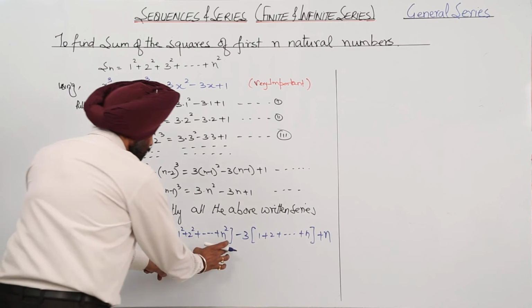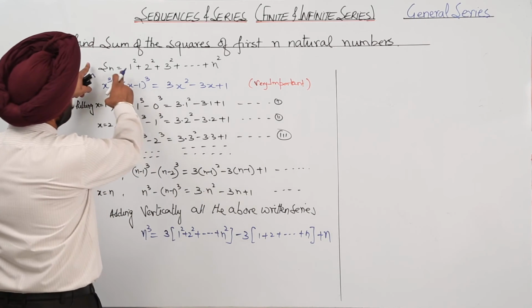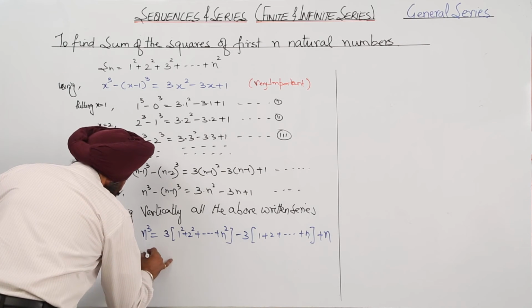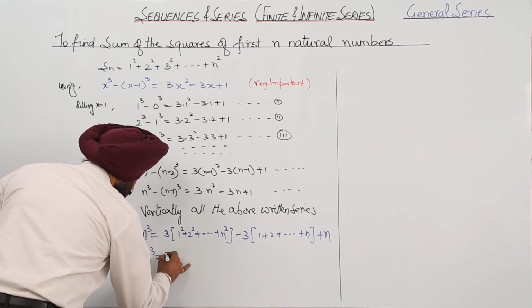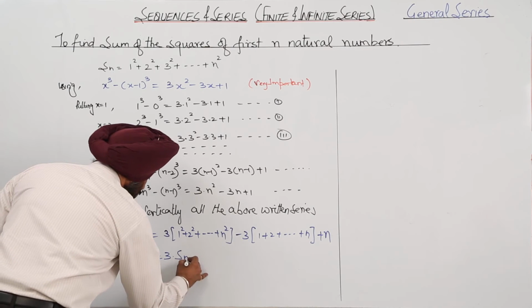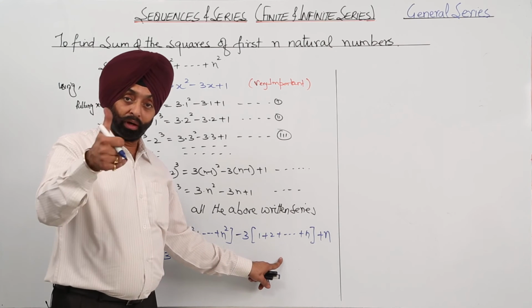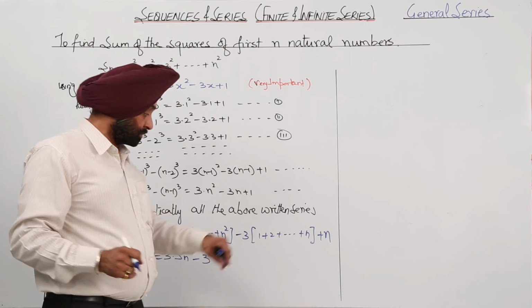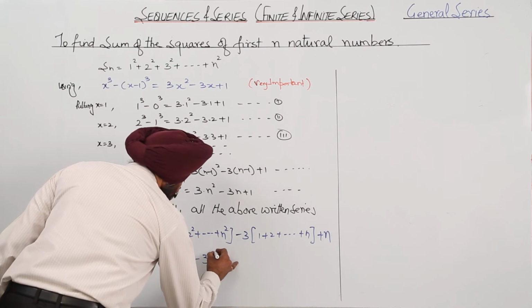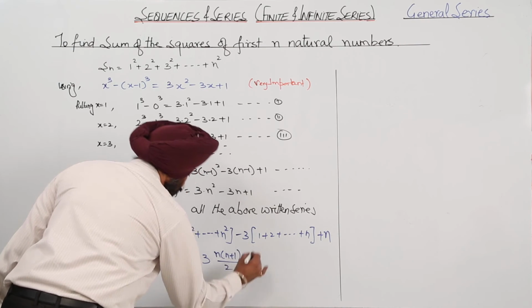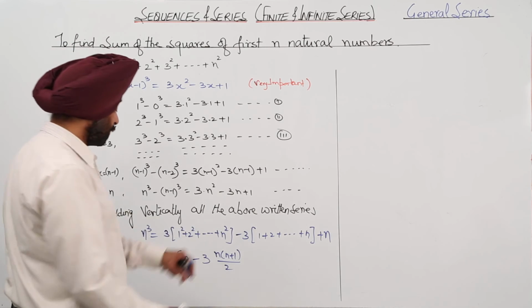Now this is Sn, and this is the sum of n terms. So can I write n cube equal to 3 times Sn minus 3 times n times n plus 1 upon 2, plus n.